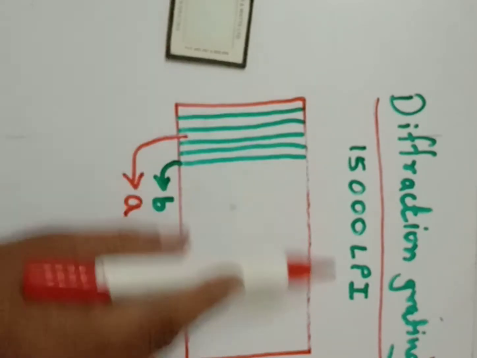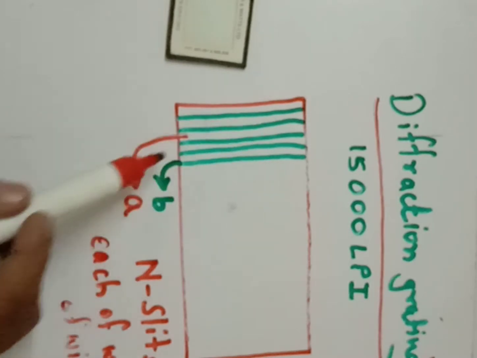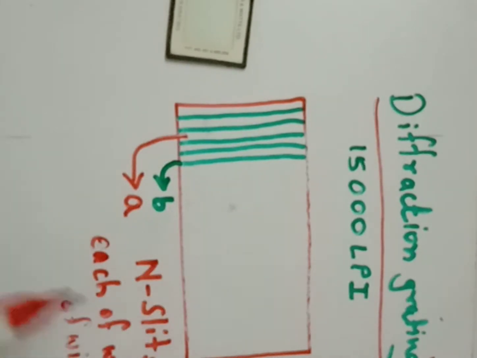So a diffraction grating, in other words, is an arrangement of n slits where each slit is of width a and they are separated by obstacles of width b between them. So such a regular arrangement of n slits is called a diffraction grating.